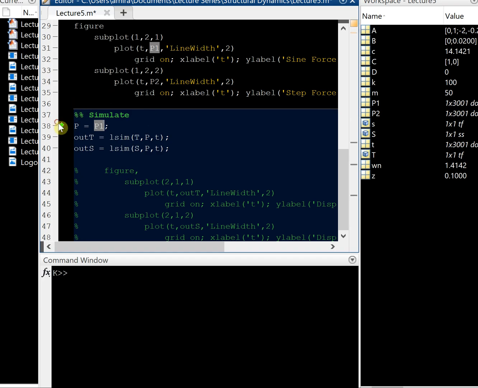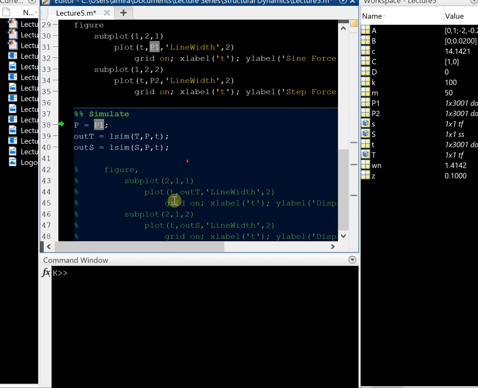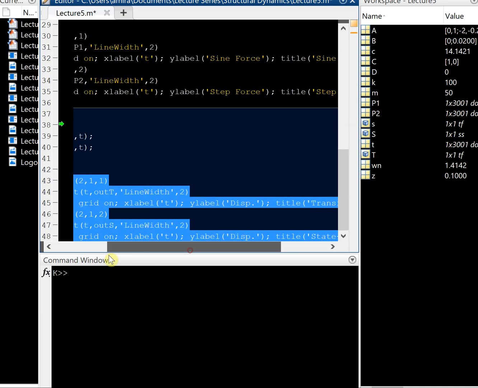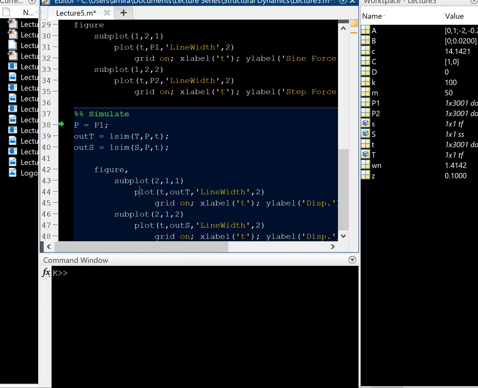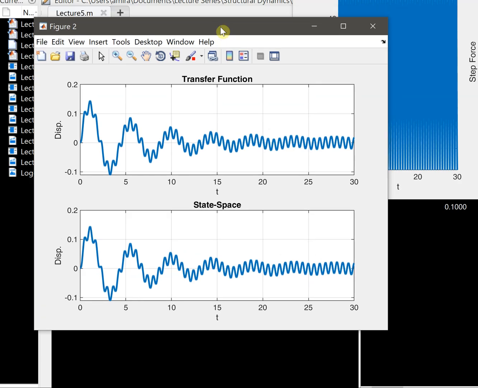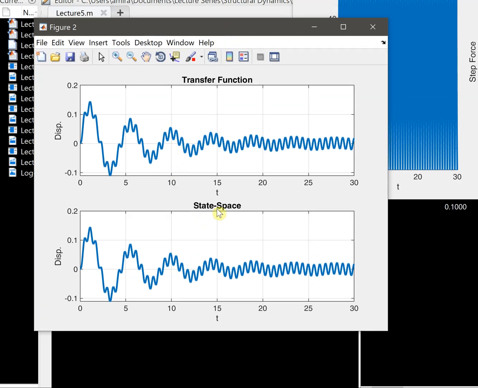So let's plot the solution. I'm going to press compile. And this is the solution of my state space system and my transfer function system to sine input.